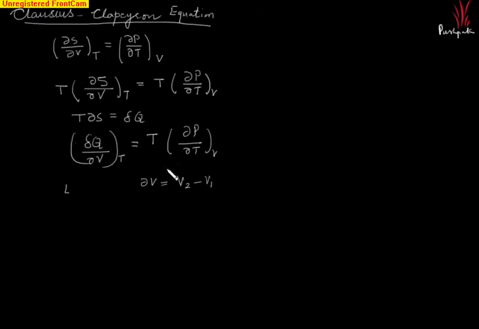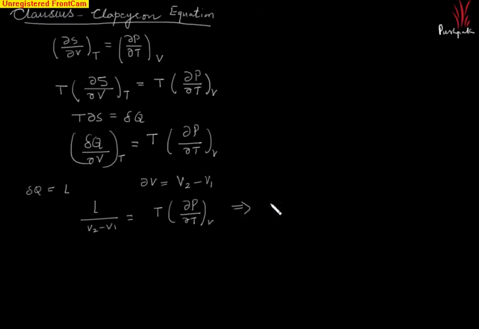So if we write these values in this equation, then we get L over V2 minus V1 is equal to T times change in pressure with respect to temperature at constant volume.